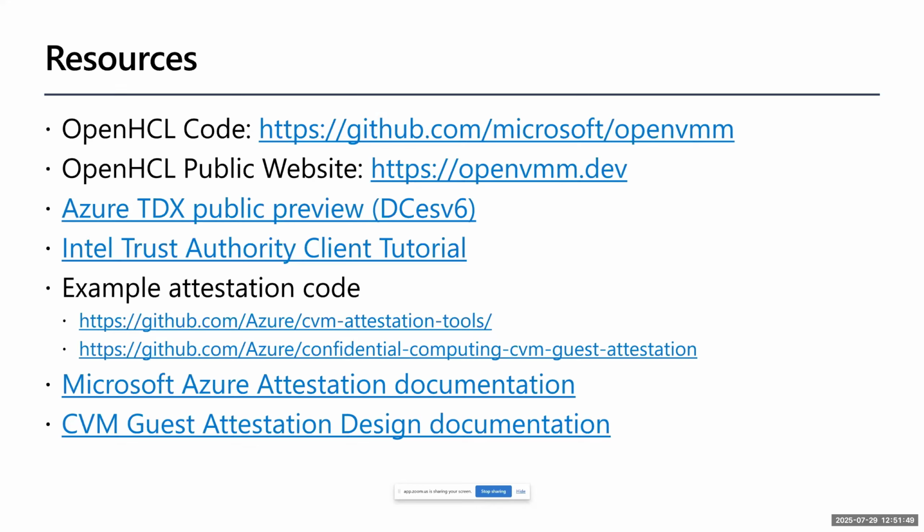We have the older proprietary one that we call the legacy HCL, and then we have OpenHCL. Right now, OpenHCL is in use for the TDX public preview in Azure and some subset of what we call our trusted launch VMs. Trusted launch is where we have an architecture that's analogous to what I showed for confidential VMs, except for VMs that are not confidential. We've just moved some of the bits inside of the VM trust boundary anyway.